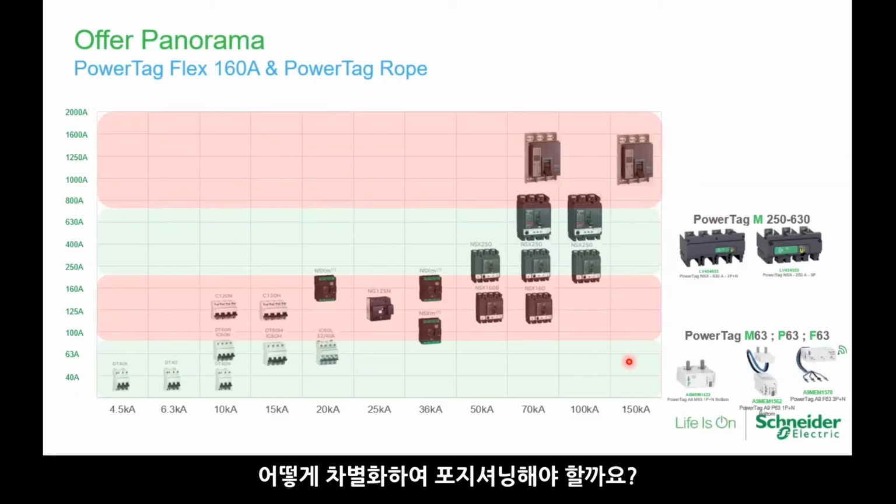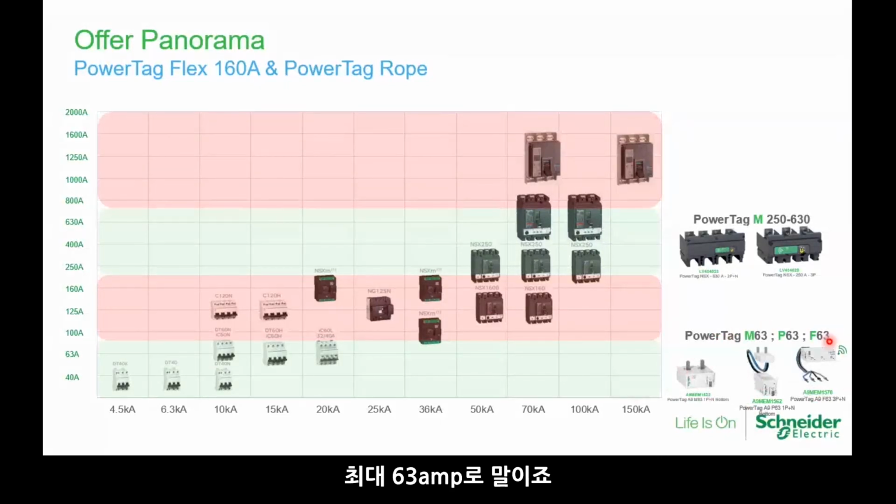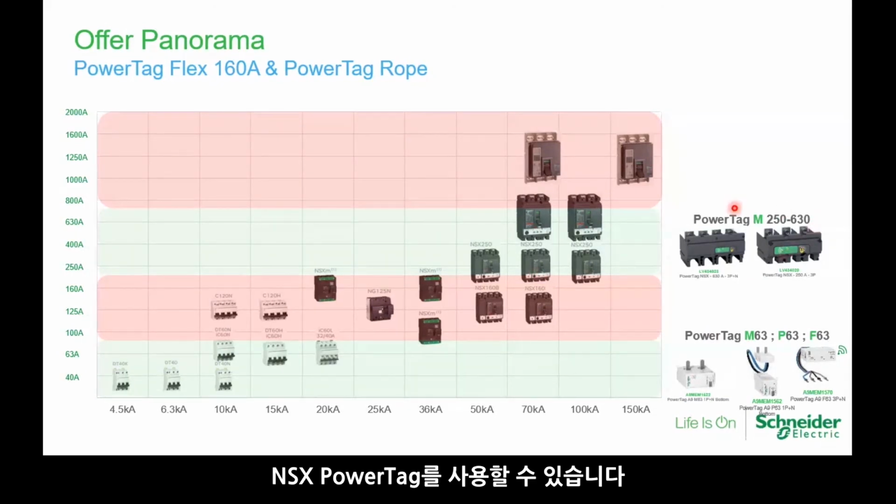So how we position against the breakers today: all the MCBs that go up to 63 amps will use the PowerTag starting with M, P, and F. When you go into MCCBs within the range of 250 to 630 amps, you can use the NSX PowerTag.